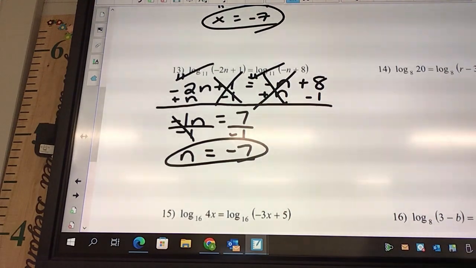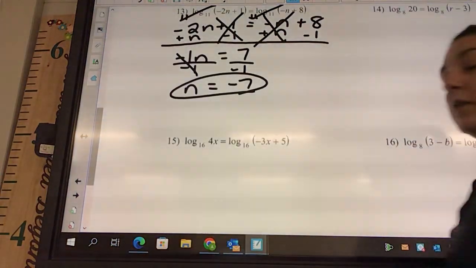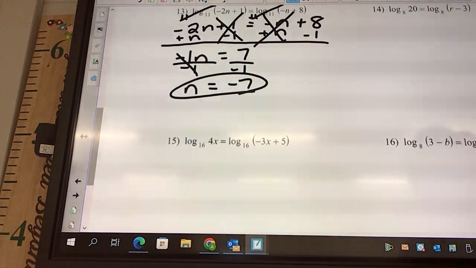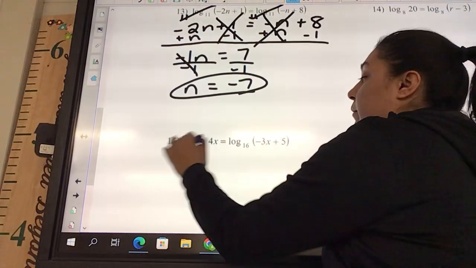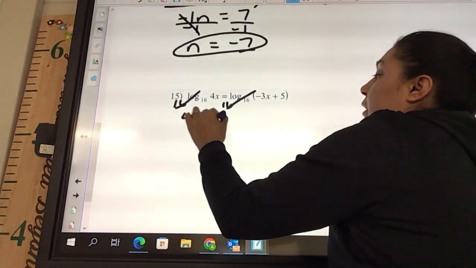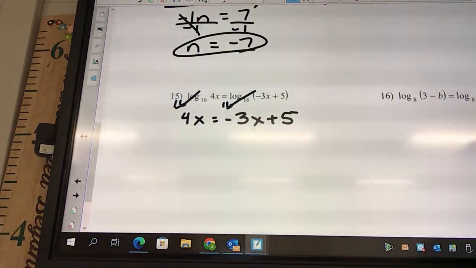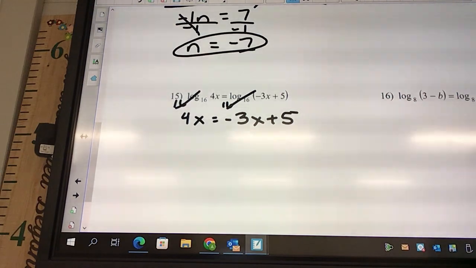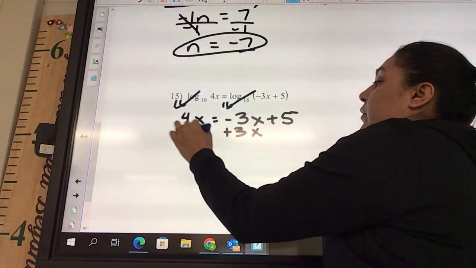Okay, last one. What's your first step? 15, what's your first step? Do the 16. So you're going to get 4x equals negative 3x plus 5. What needs moved? The negative 3x. So we're going to say plus 3x plus 3x.